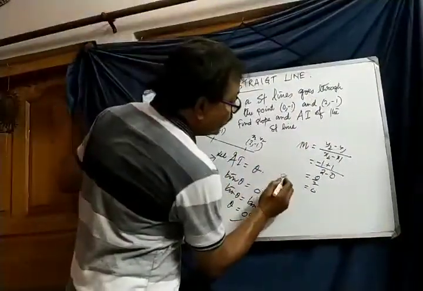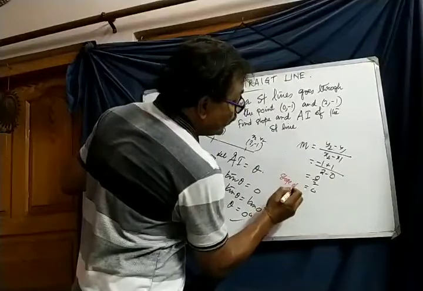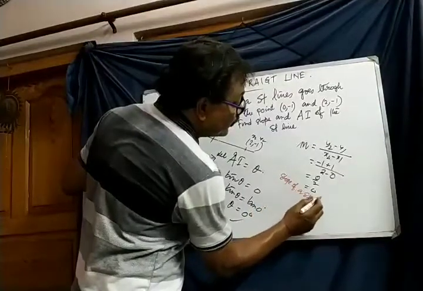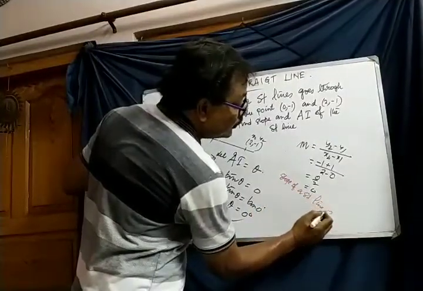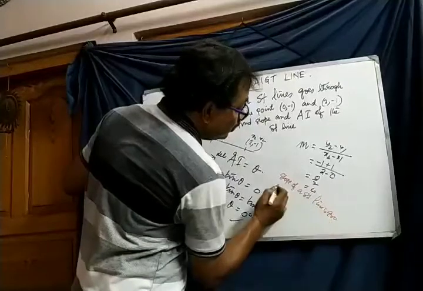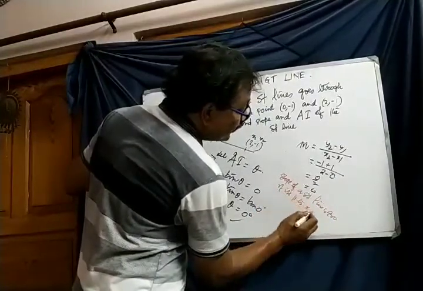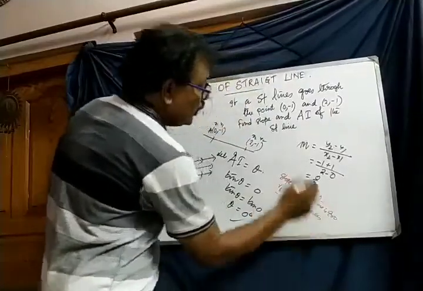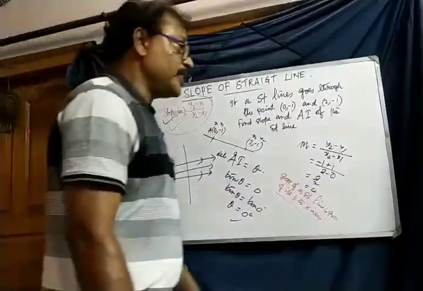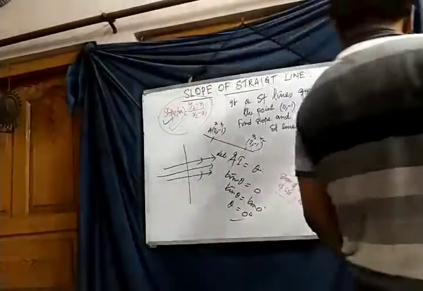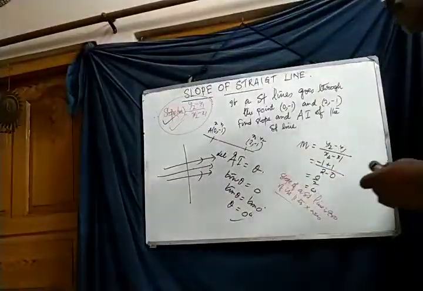Slope of a straight line is 0 if it is parallel to x-axis. All the straight lines which are parallel to x-axis have slope 0.